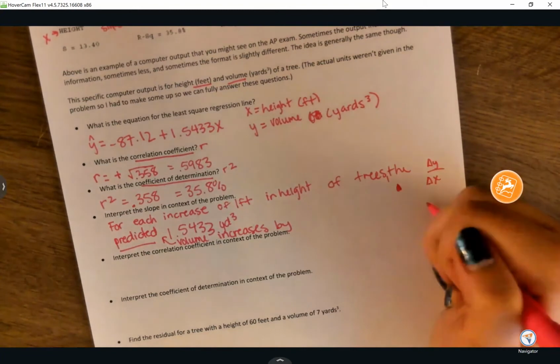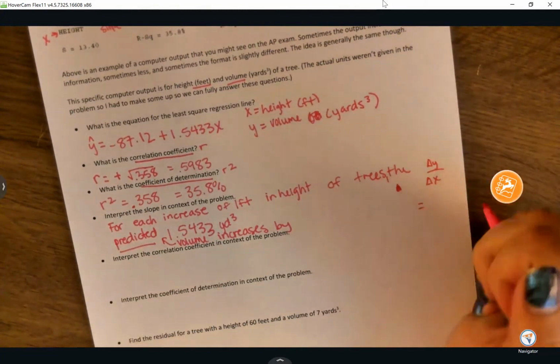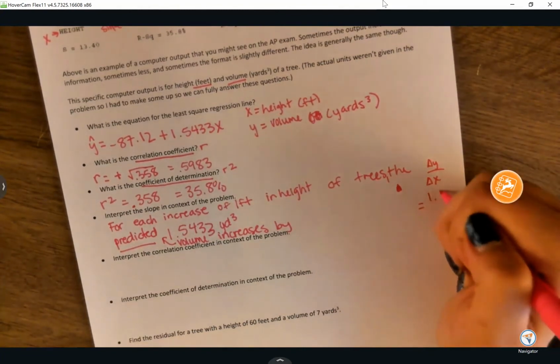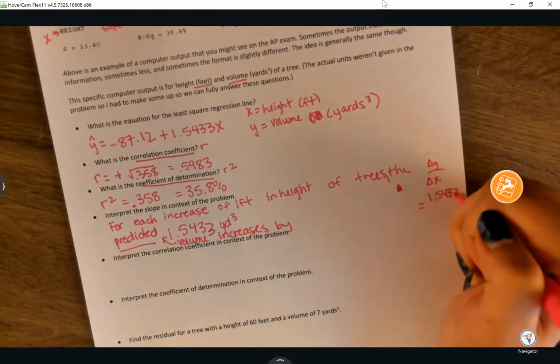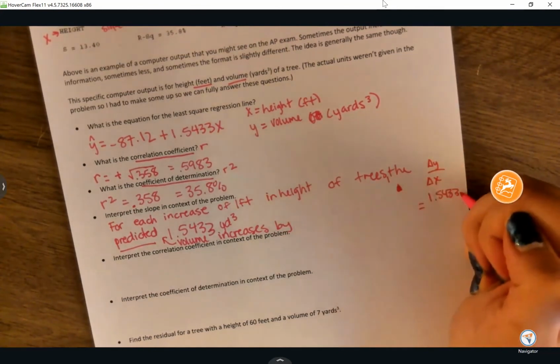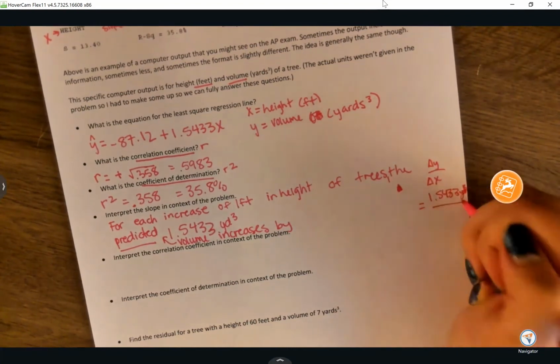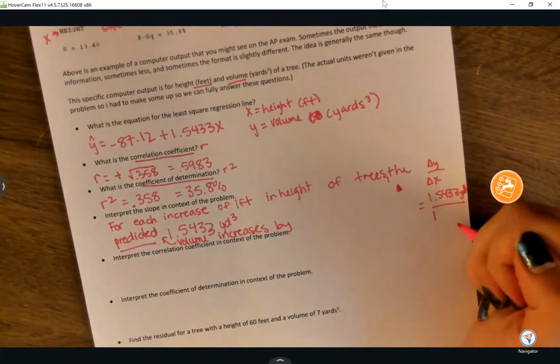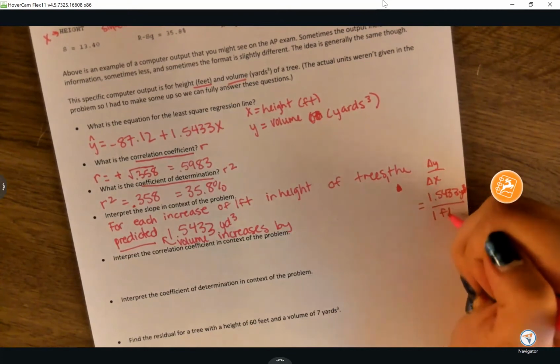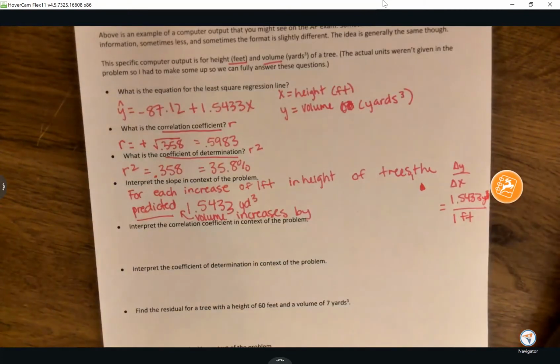That helps me remember which variable goes with which. So I'd have 1.5433 on top, and that would be my y variable, so that's yards cubed. And then I'd have just a 1 on bottom, and that would be my x variable, which is feet. So for each increase of 1 foot in height of trees, the predicted volume increases by 1.5433 yards cubed.